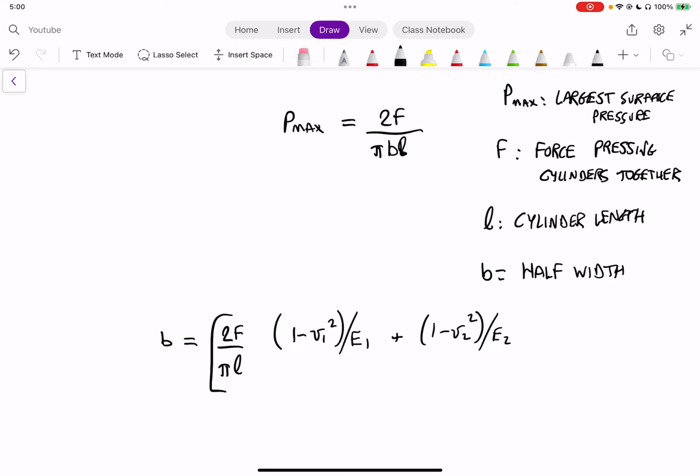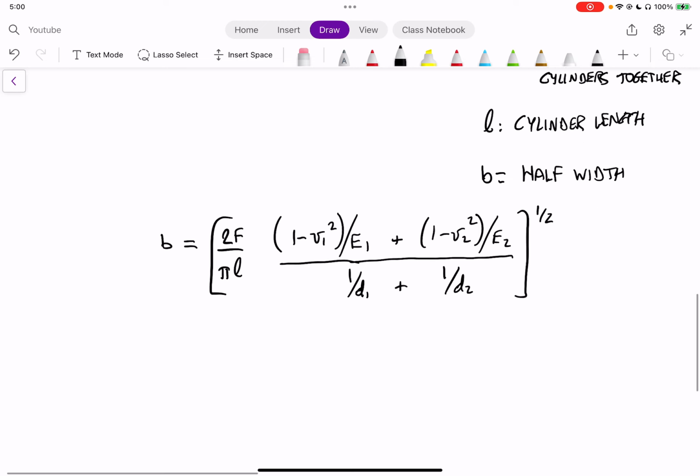And again, you don't need to really remember this, so I'm just writing this down for more information. All of that is divided by (1 over d1 plus 1 over d2), and all to the power of 1/2. So this would be your half width.